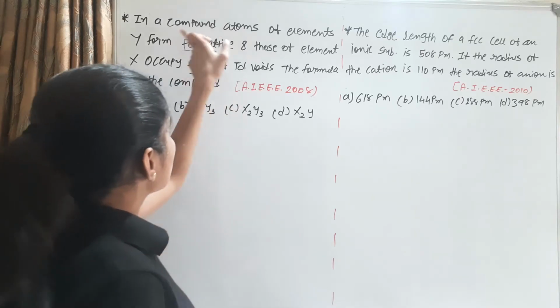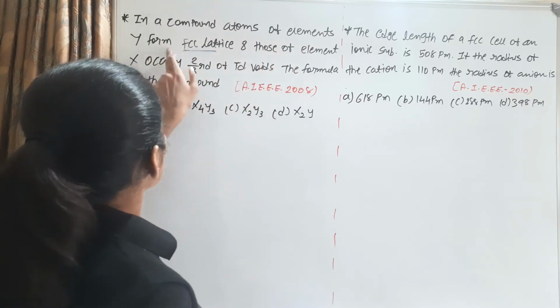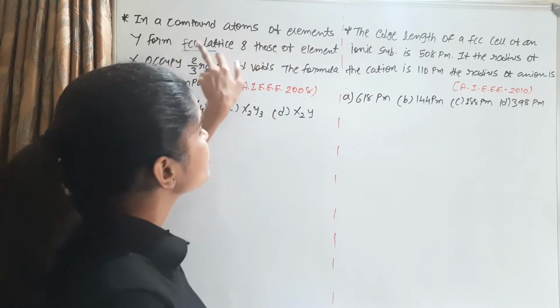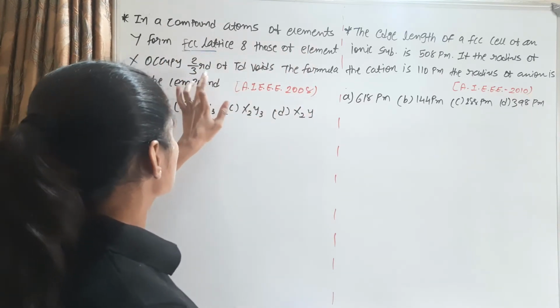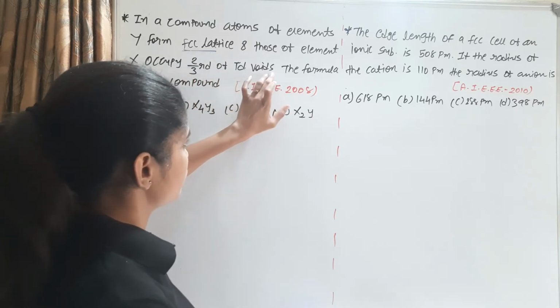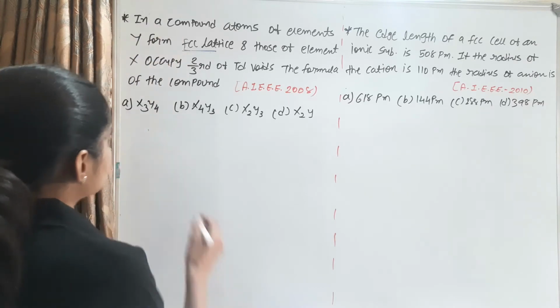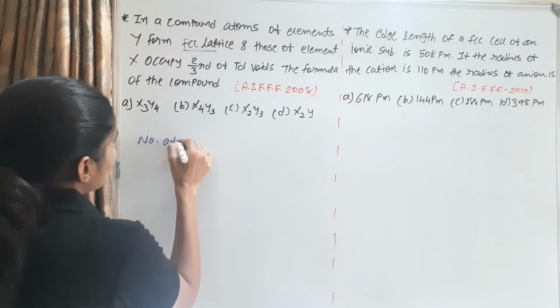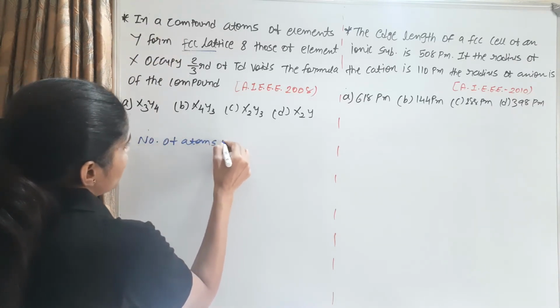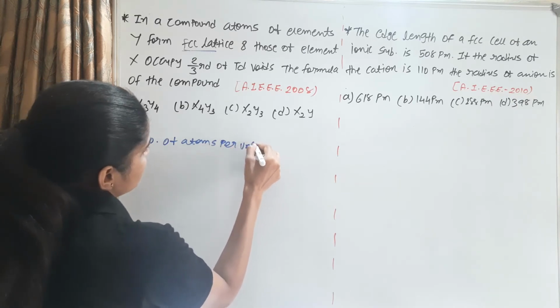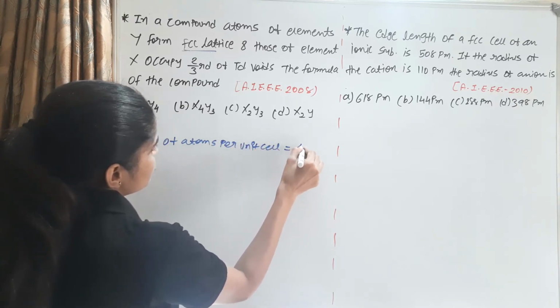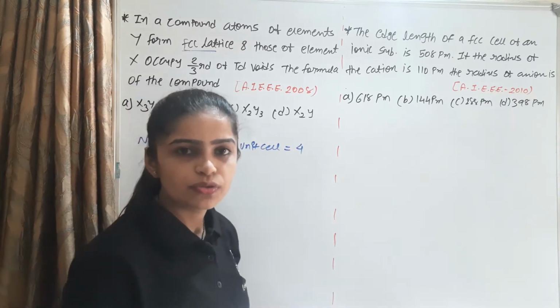Next, in a compound, atoms of element Y form an FCC lattice and atoms of element X occupy 2/3 of the tetrahedral voids. What is the formula of the compound? We know that in FCC, the number of atoms per unit cell is 4, meaning Z is equal to 4.